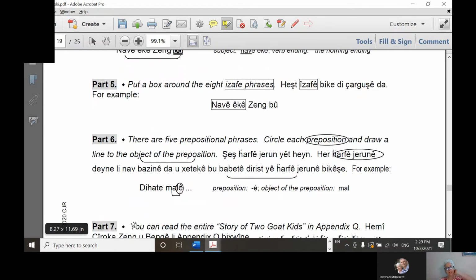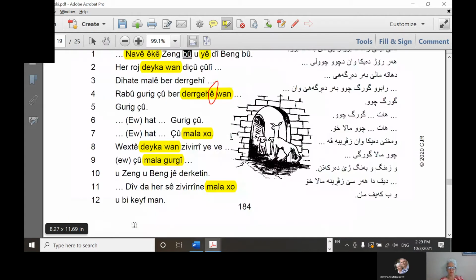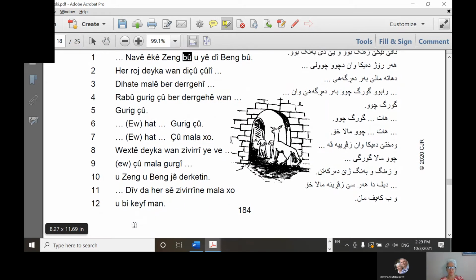And then finally in part 6, you have 5 prepositional phrases. All right, so each preposition, and then draw a line to the object of the preposition. Okay, let's do that. Okay, prepositional phrases.